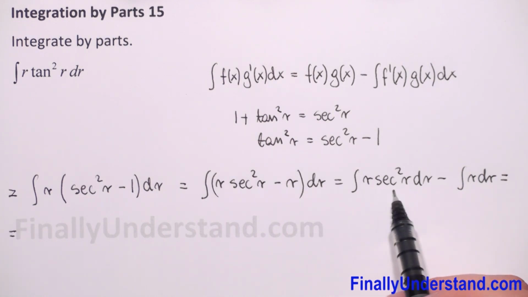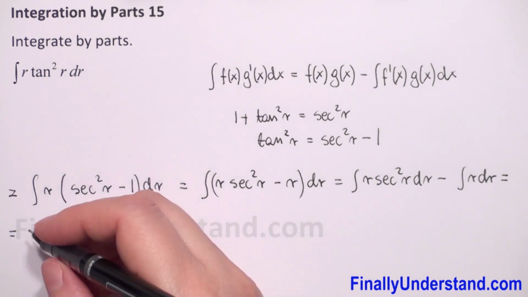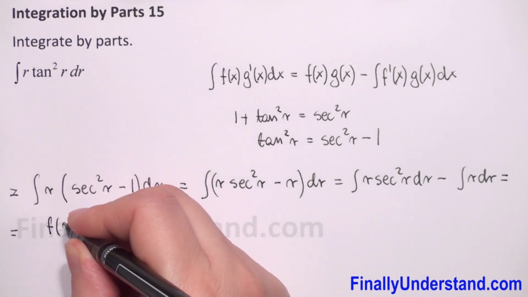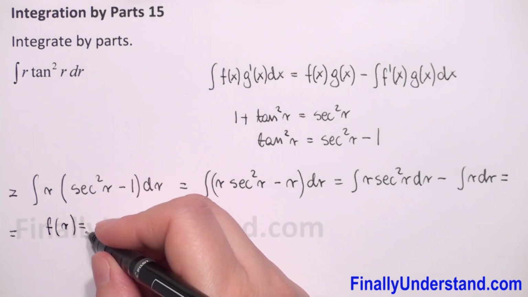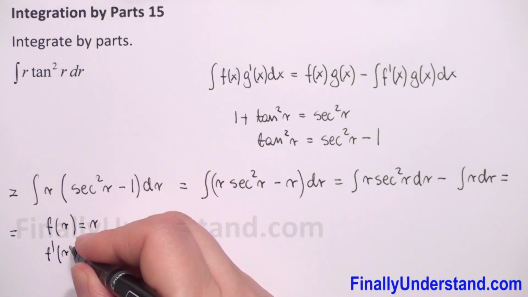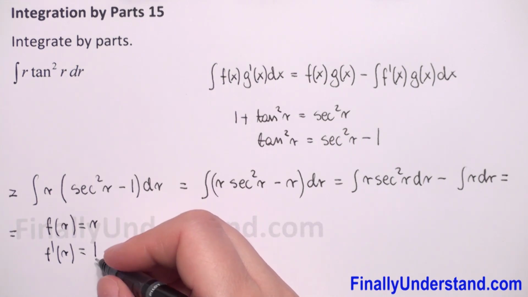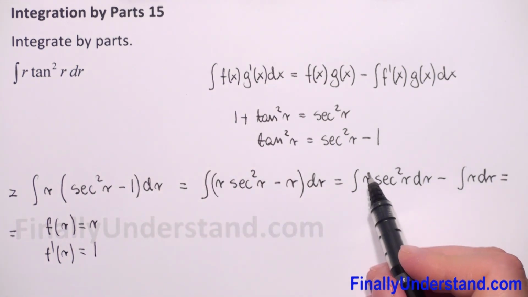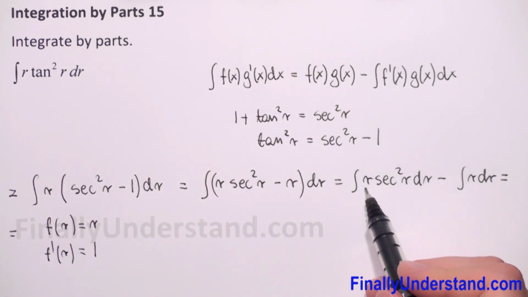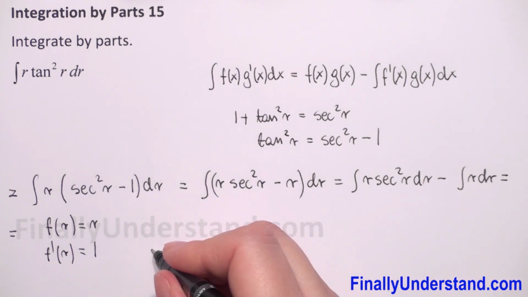To solve this integral, we will use the integration by parts formula. Let me put that f of r is equal to r. So f prime of r will be equal to 1. Now if this is our f, then our g prime must be equal to secant square.